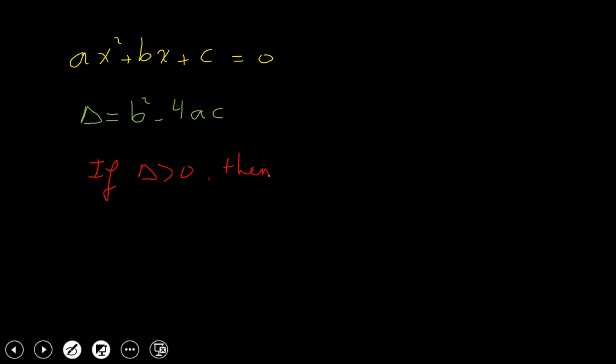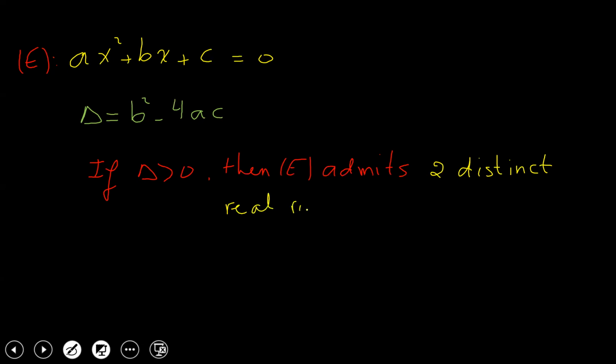the polynomial admits, let's say this equation is called E. Then E admits two distinct real roots.